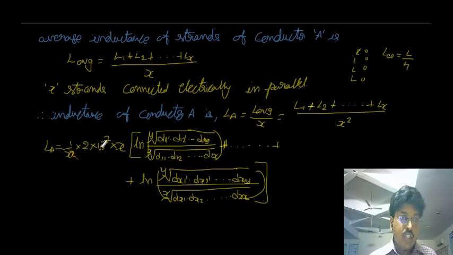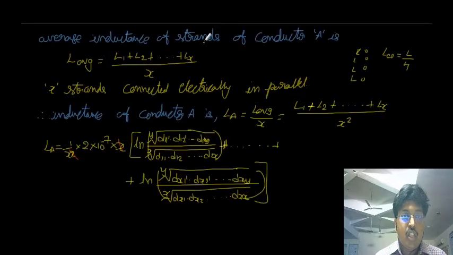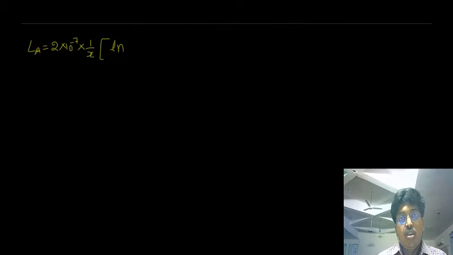So this term can be written as LA equivalent to 2 into 10 power minus 7 into 1 by x into logarithm of, in the form of log A plus log B, which gives log AB, where y root is common.